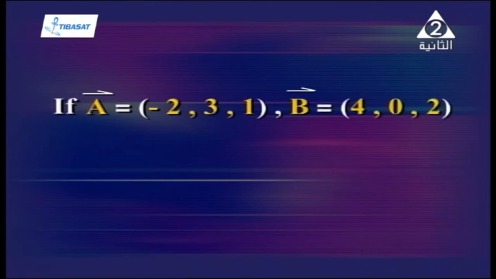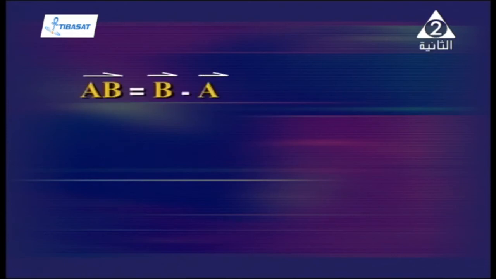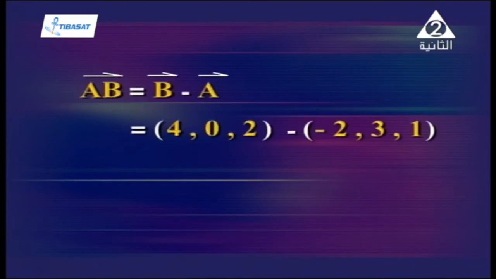Example. Look, my dear student. If we have the A vector (-2, 3, 1) and the B vector (4, 0, 2), then the AB vector equals the B vector minus the A vector. We subtract the component of x, the component of y, and the component of z, giving (6, -3, 1) for the AB vector.